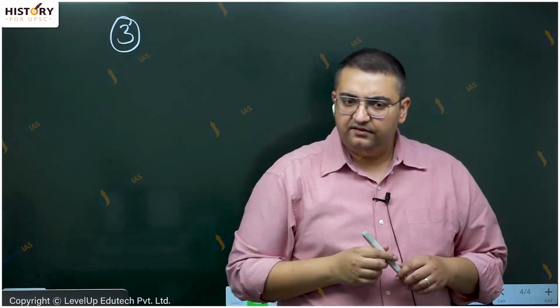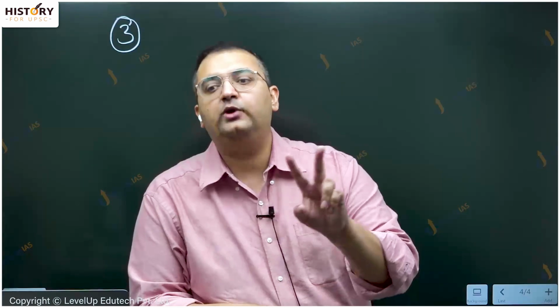If you look at the previous year's questions and analyze them after having understood the nature of the subject, you are going to realize that the types of questions that the UPSC asks fall basically into 2 categories.